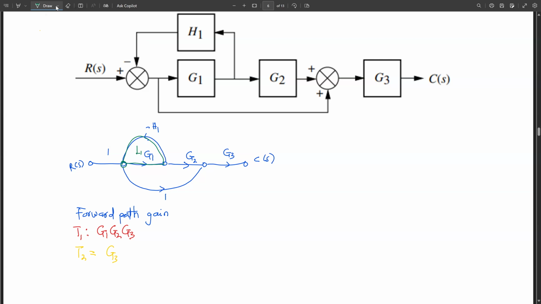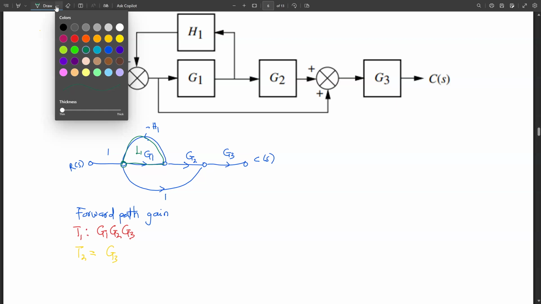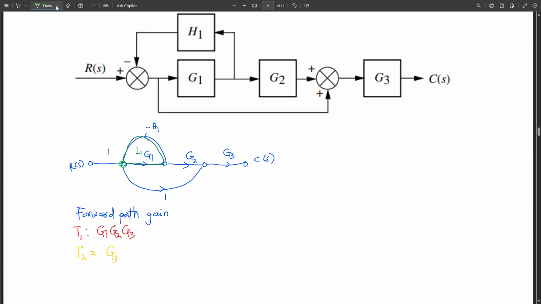Let's see if we can find another loop. We can also start from here, right? And move here and also come in. No, that is not a loop.